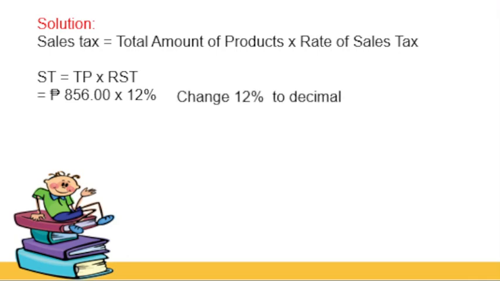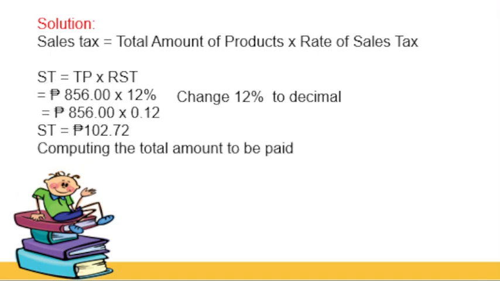The decimal number of 12% is 0.12. So that is 856 times 0.12. So multiply. The result now is 102 and 72 cents. So this 102 and 72 cents is our sales tax.